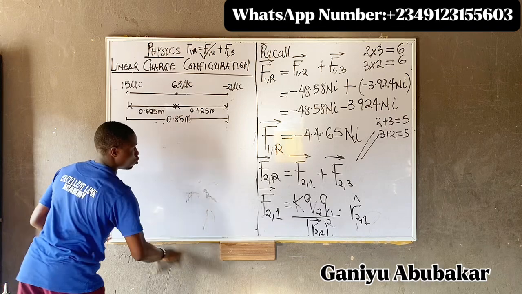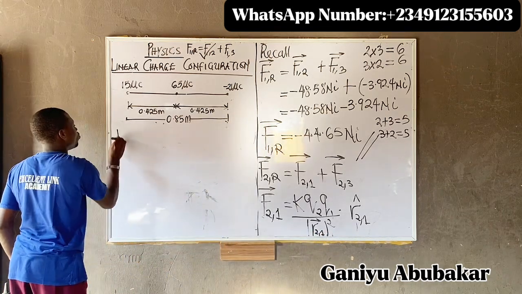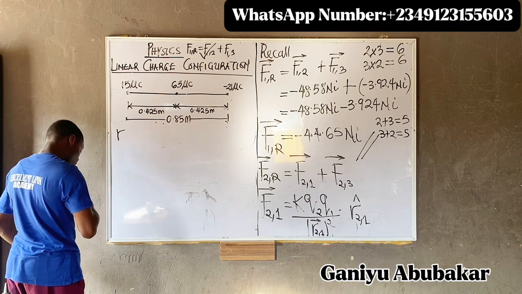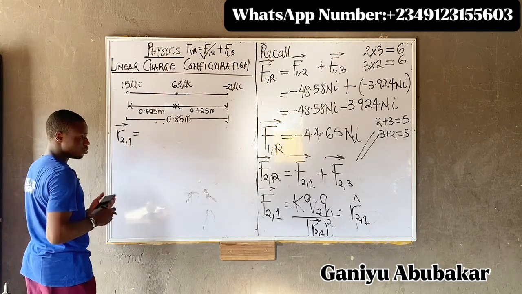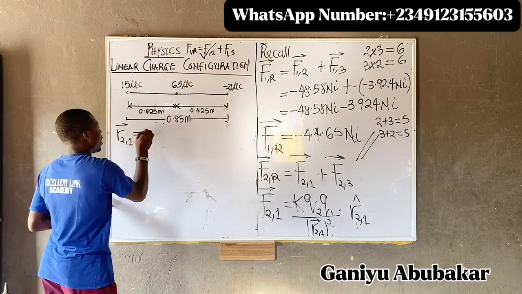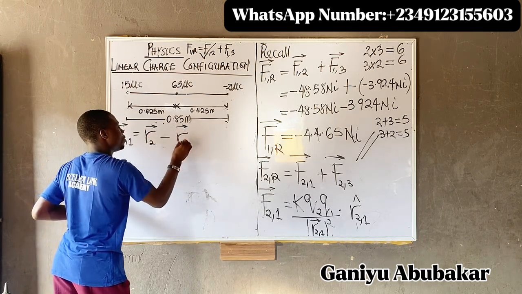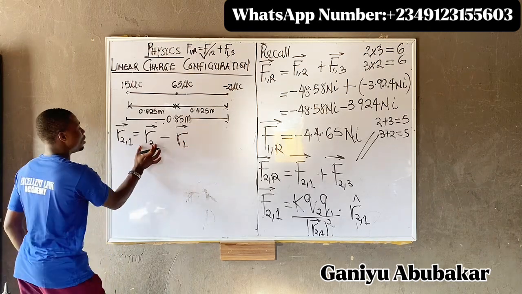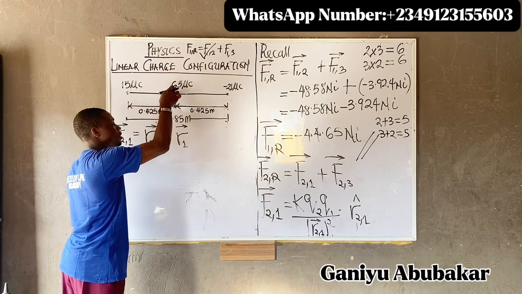Let's get F21. So first is first, get this first. So R21. Let's get R21. R21 is equal to R2 minus R1. R2 is our first distance here. So R2 is at this point here, center point, that's 0.